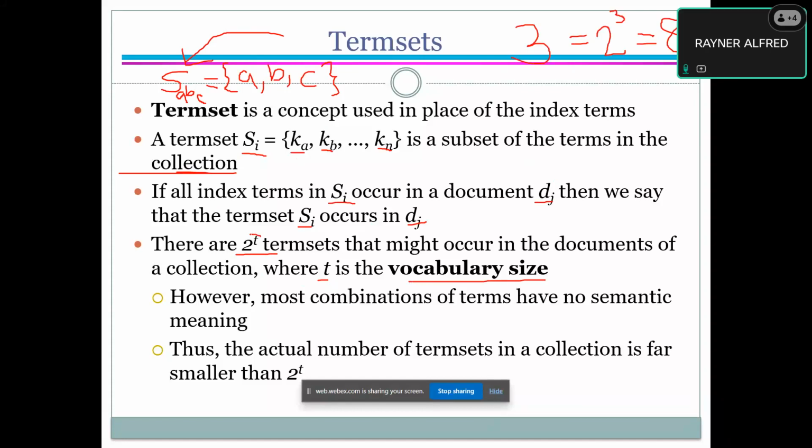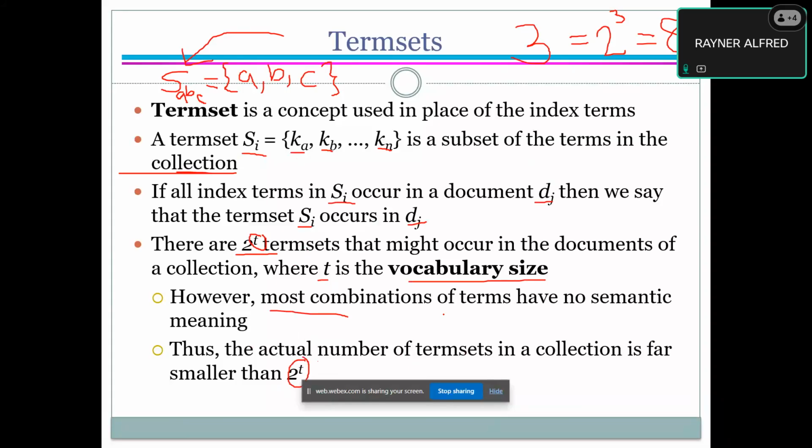The higher the T, the bigger the number of patterns we have to look for in the document. But in most combinations, they do not carry any meaning, so the actual number of term sets is smaller than this.